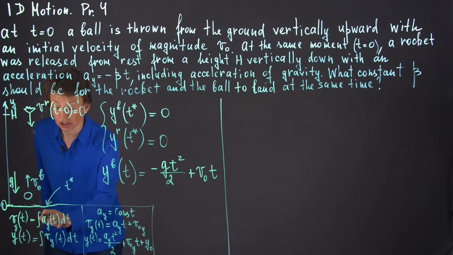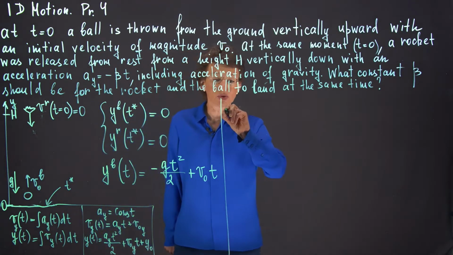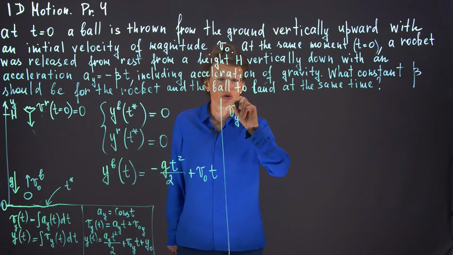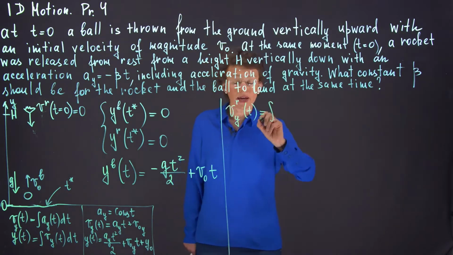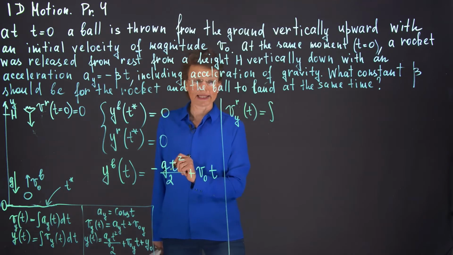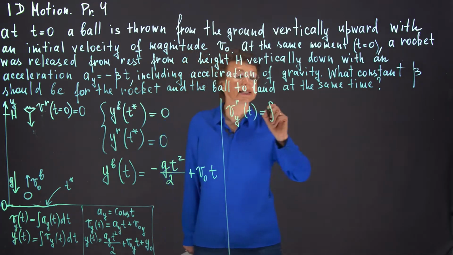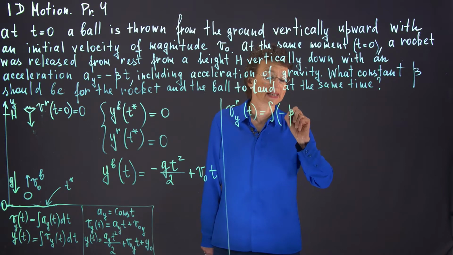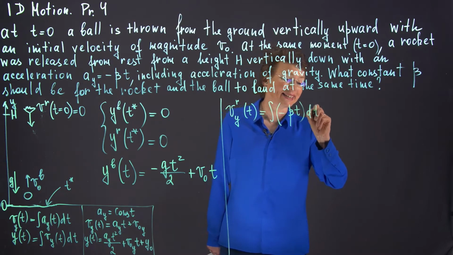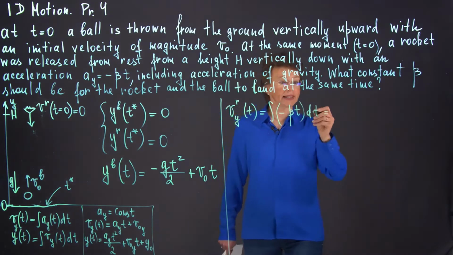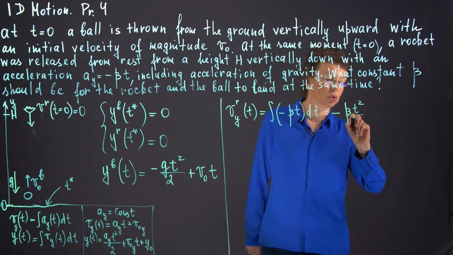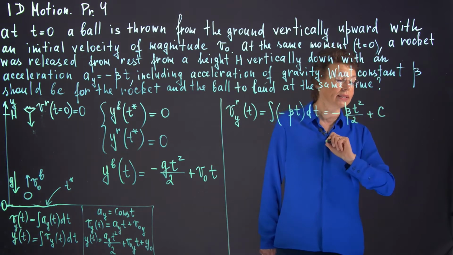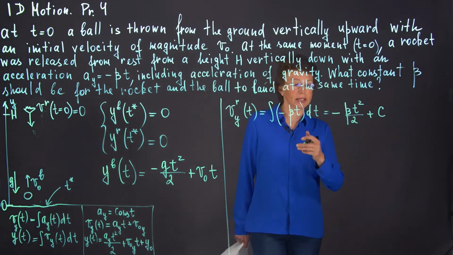I know the acceleration. I need to integrate acceleration to find the velocity. What is the y component of velocity for the rocket as a function of time? It is the integral of a_y of t dt. What is a_y? It is minus beta t. We take this integral, it is minus beta t squared over 2 plus a constant that we will find from the initial conditions.